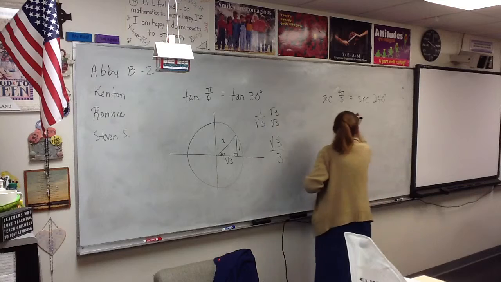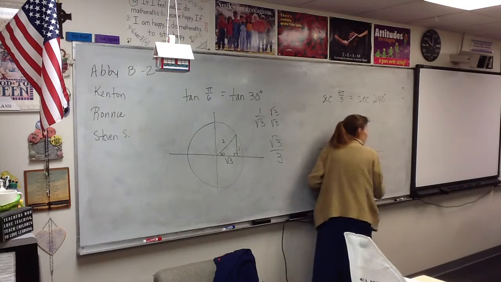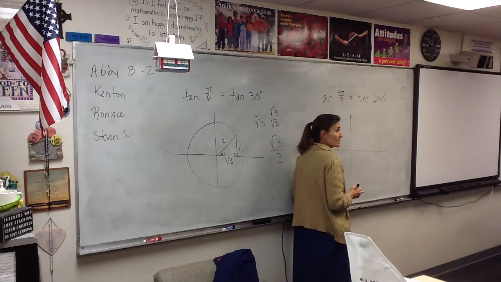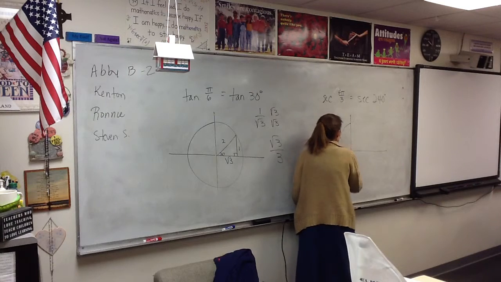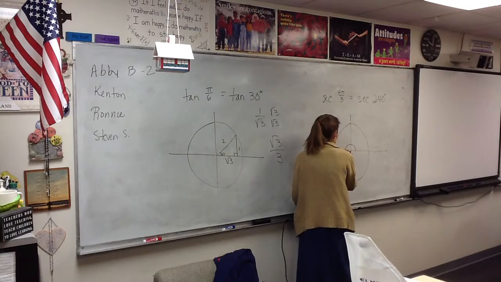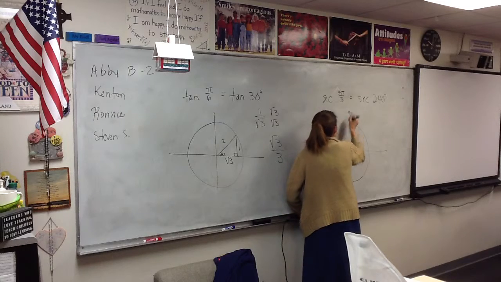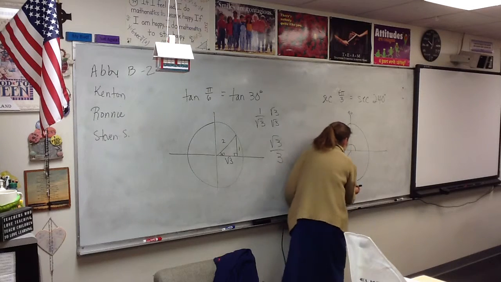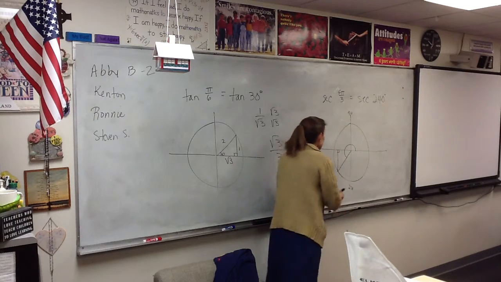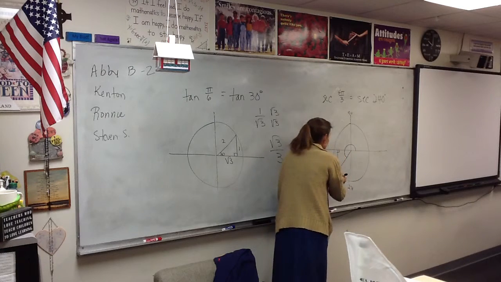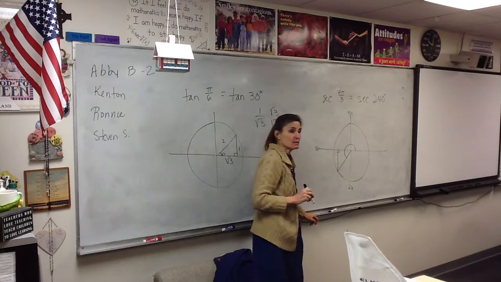So if you drew this, and it was not required, it will be in a couple days, I hope you ended up clear over here. Because once again, this is 90, this is 180, so this is 270. Isn't 240 somewhere between 180 and 270?